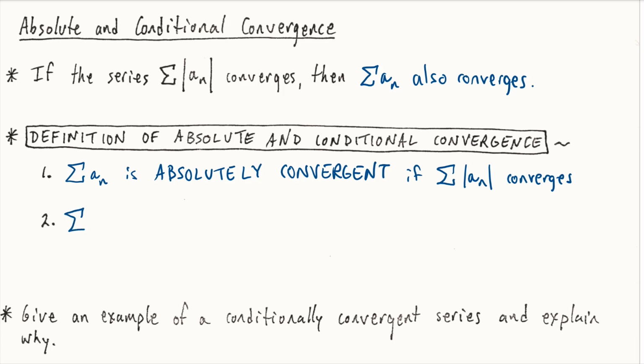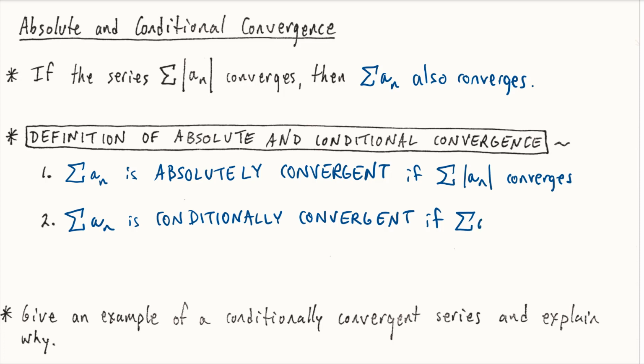And an infinite series whose terms are given by a sub n is conditionally convergent if the infinite series with the negative terms converges, but that same infinite series with all positive terms diverges.